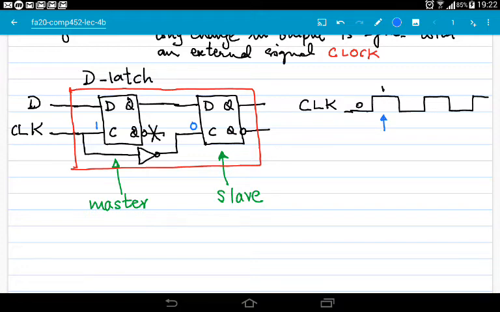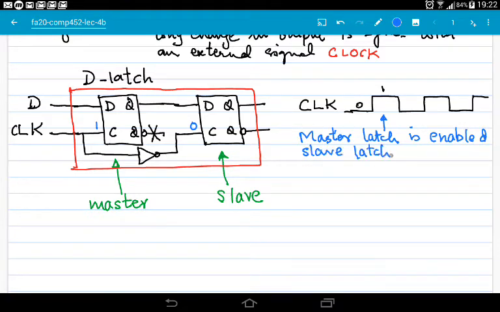This further means that master latch is enabled, but slave latch is disabled.